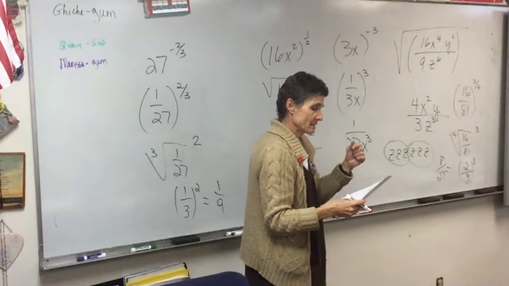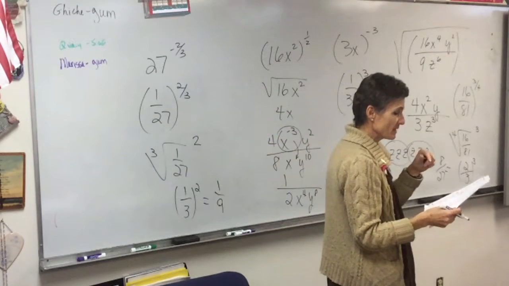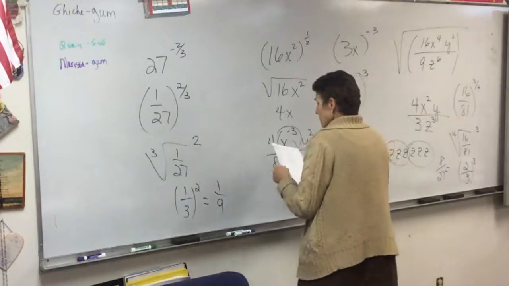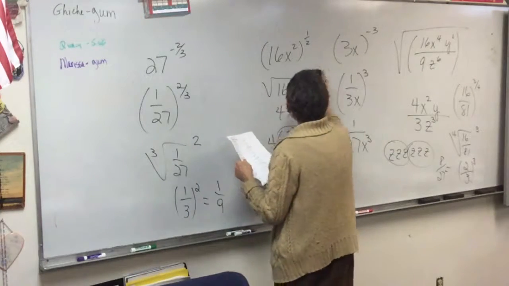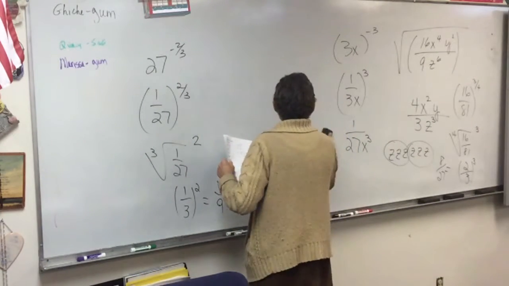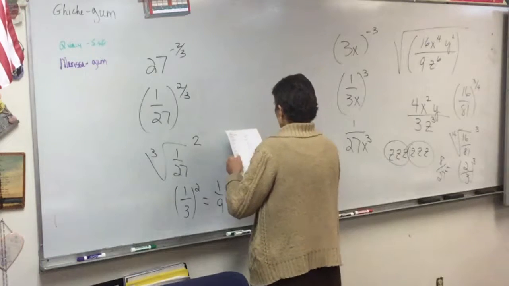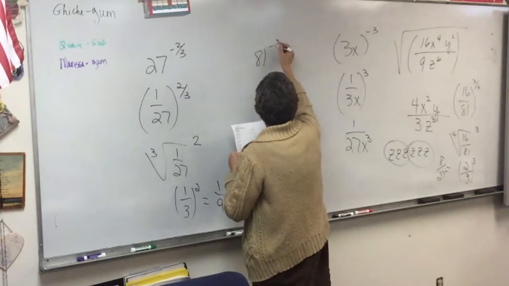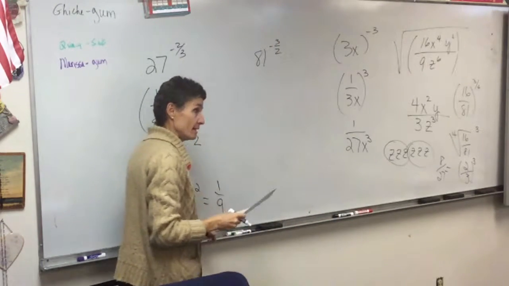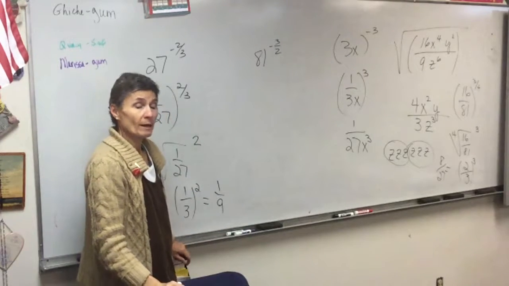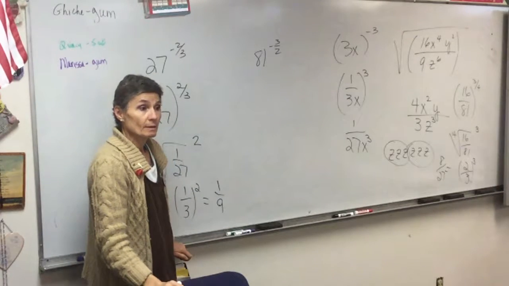20. One more. What's the next one? 15? Oh, that's an easy one. 81 to the negative 3/2. Okay, now it has a negative. So we start by doing what? Flipping.